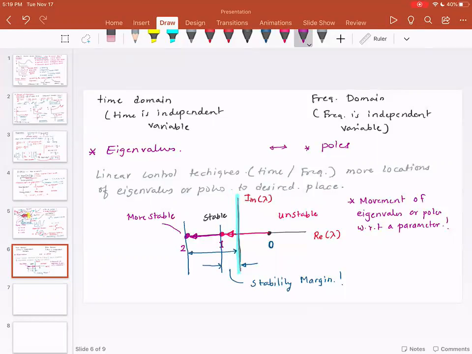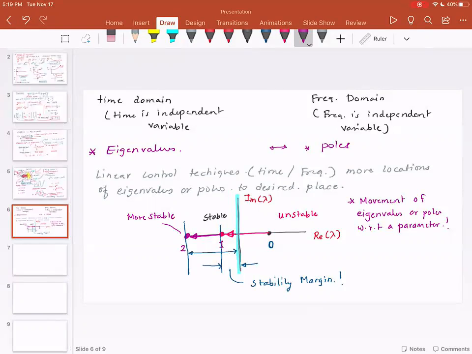For example, you have a gain, and the question is, if you change the value of the gain, how do the system eigenvalues change? Do they go from left to right, or from right to left? We will talk about all these concepts in detail.